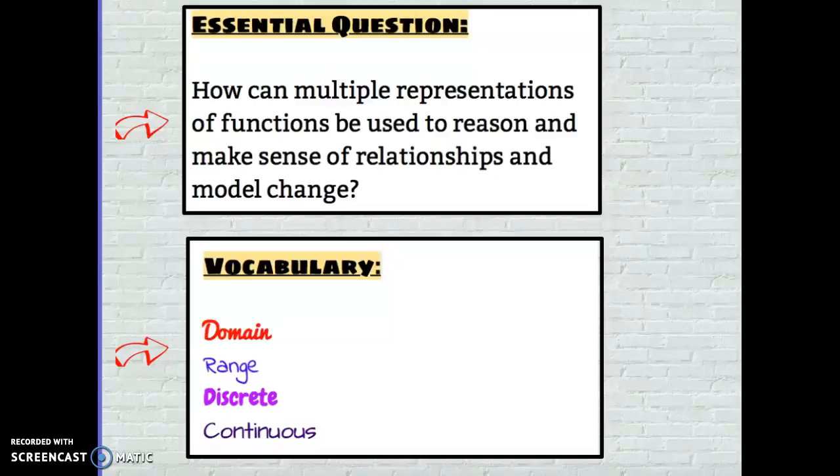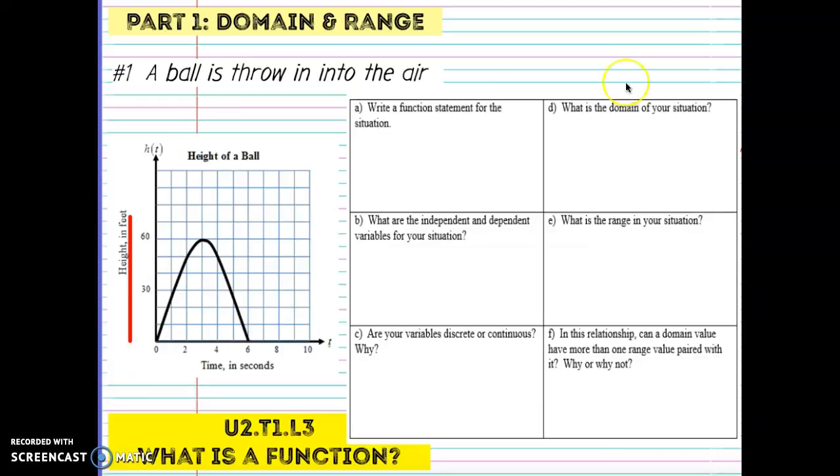Okay, so our essential question for this lesson is, how can multiple representations of functions, being graphs, tables, mapping, other things we're going to be looking at later, be used to reason and make sense of relationships and model change? So in our first question here, we have a ball that is thrown into the air.